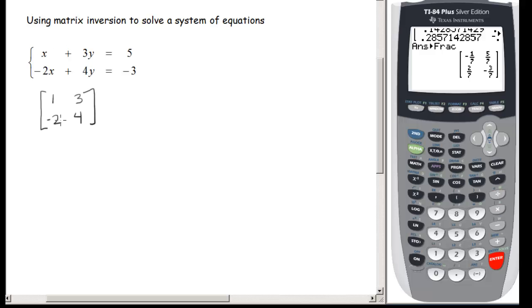My coefficient matrix is this matrix 1, 3, negative 2, 4, and then I can multiply that matrix by a column vector, which is my variables, and that's going to equal my right-hand side. So what I have here is my matrix A, which is my coefficient matrix, times that column vector x equals my right-hand side. And so I'm going to write this as AX equals B.